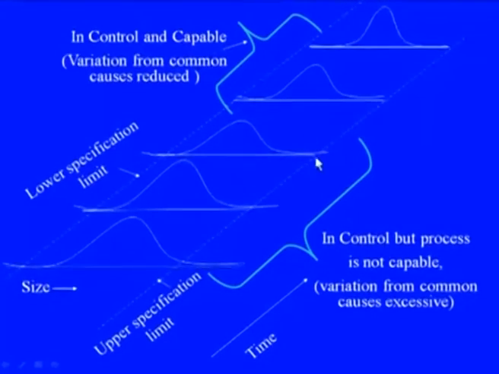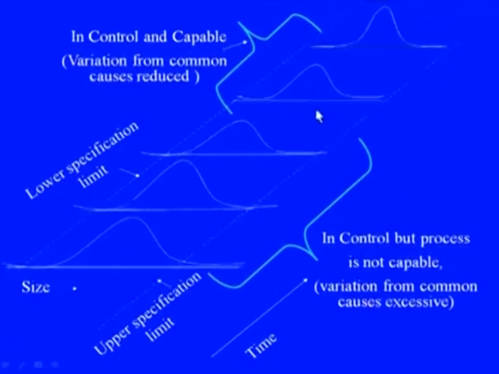So in these cases we can interpret that these processes are in control, but the process is not capable, since they are going beyond these control limits. So, this can be variation from common causes of excessive.